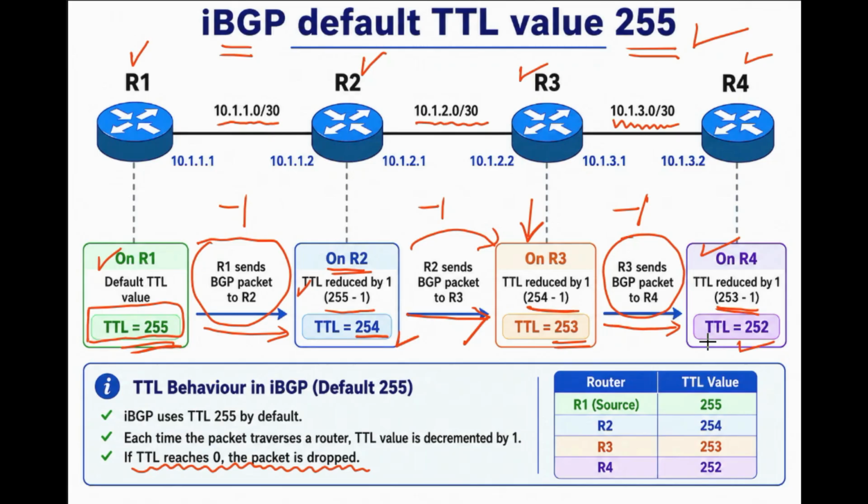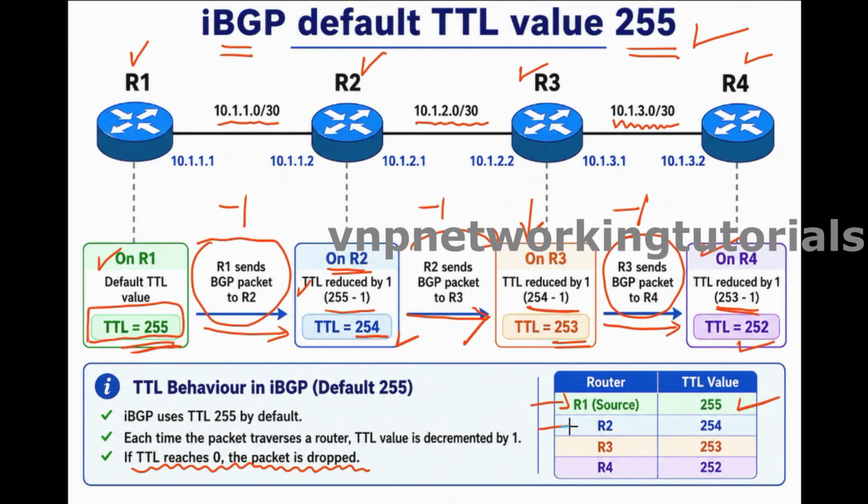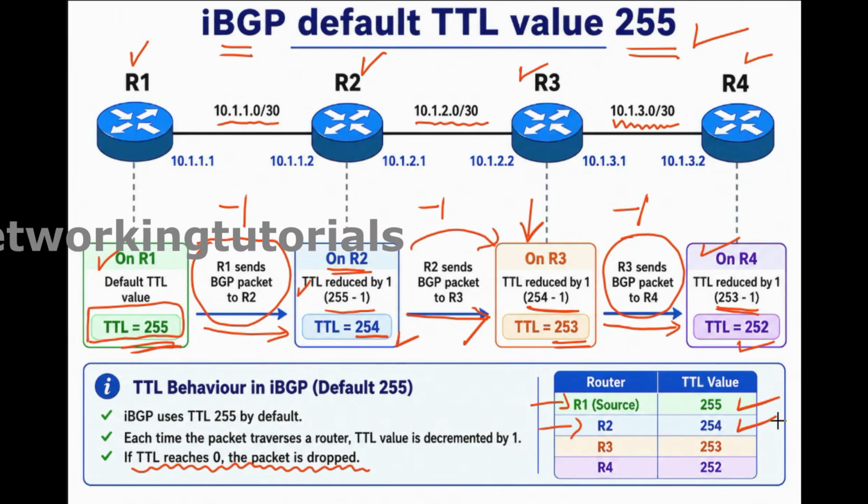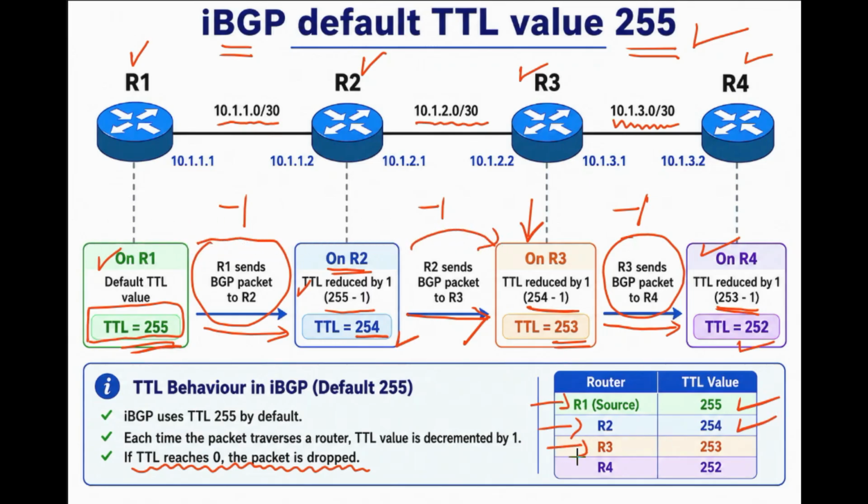So our complete TTL progression for this topology is: on R1, the TTL value is 255. On R2, the TTL value is 254. On R3, the TTL value is 253. And finally on R4, the TTL value is 252. This is exactly how IP routing works.